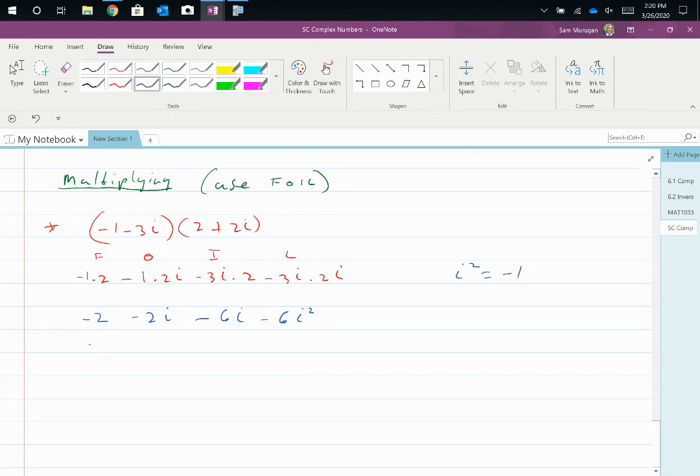So we've got negative 2, negative 2i and negative 6i is negative 8i. And then right here we've got negative 6 times negative 1, which is plus 6. Negative 2 minus 8i plus 6. So collecting like terms, we have 6 minus 2 is 4 minus 8i.